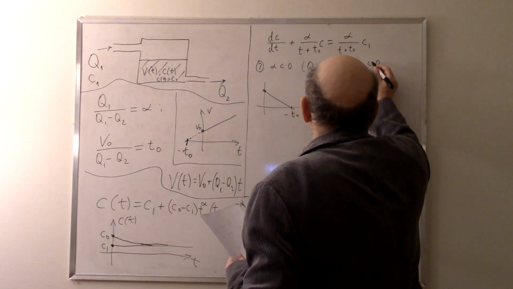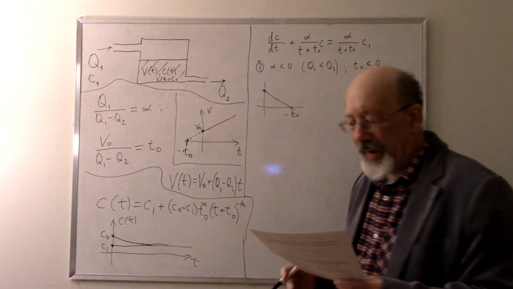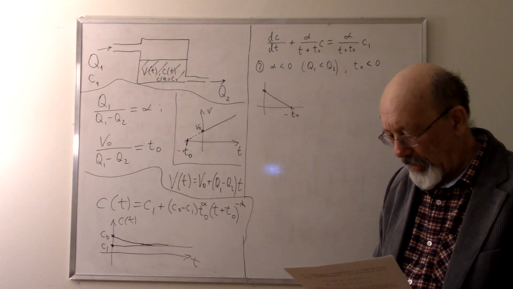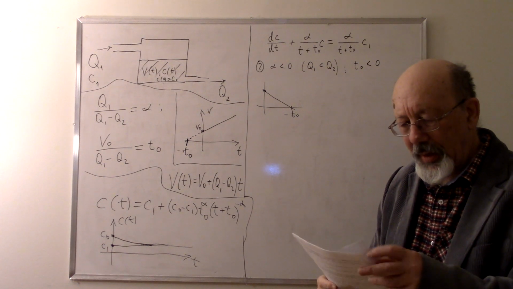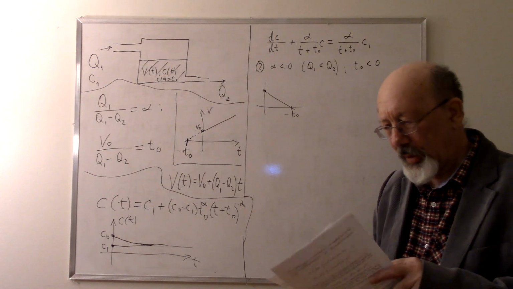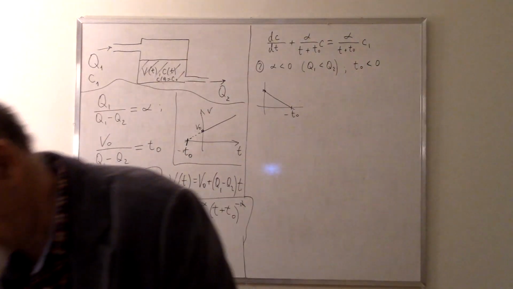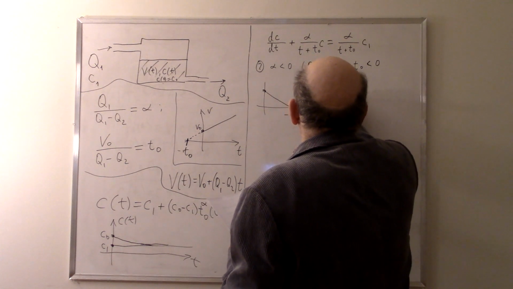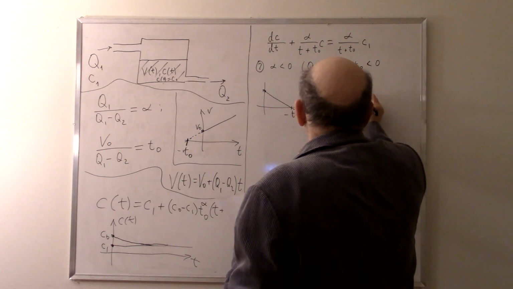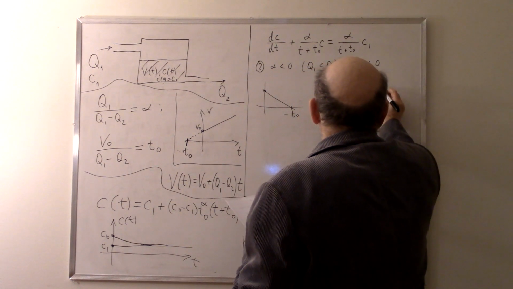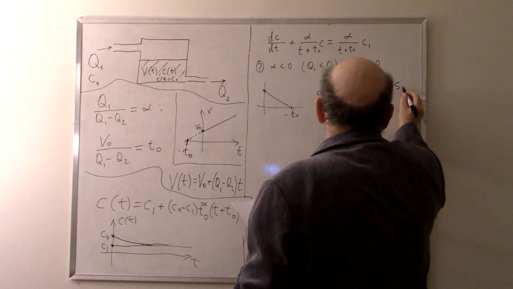In this case, it is more convenient to change the notations a little. One moment. So we write alpha equals minus beta, and t0 equals minus s0.